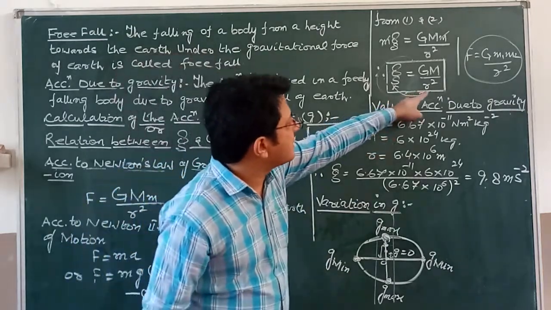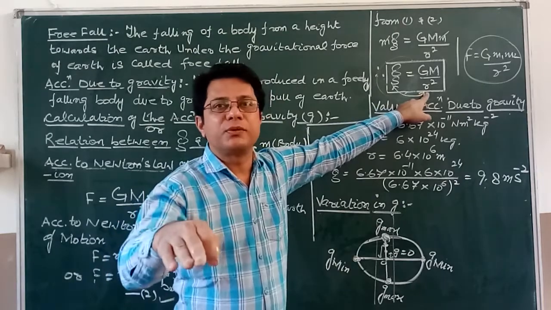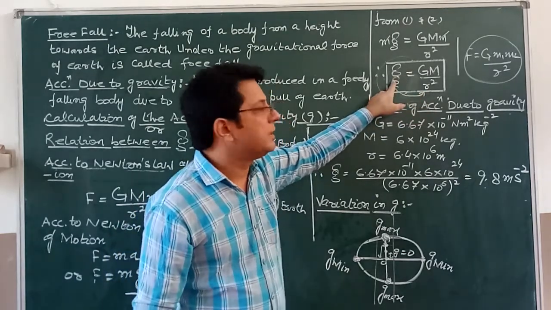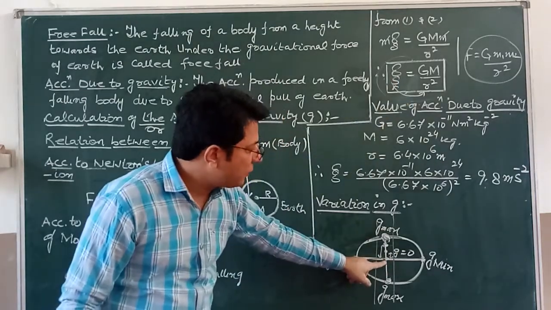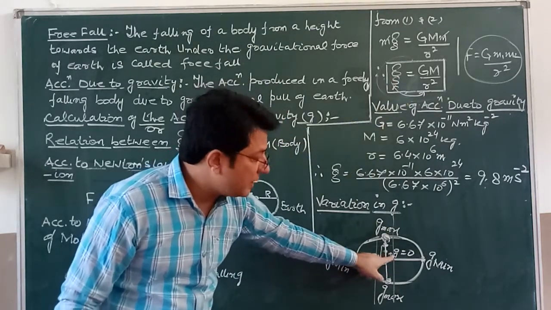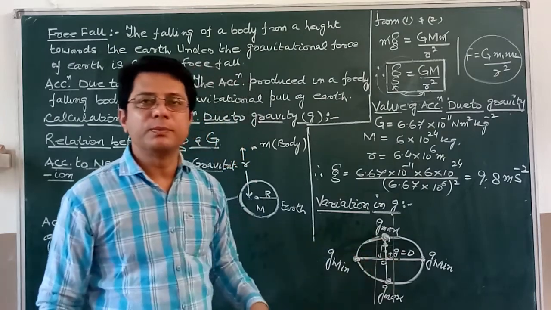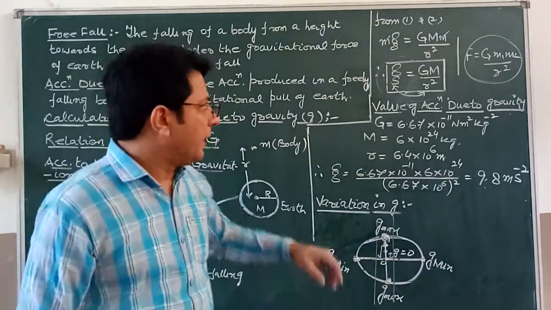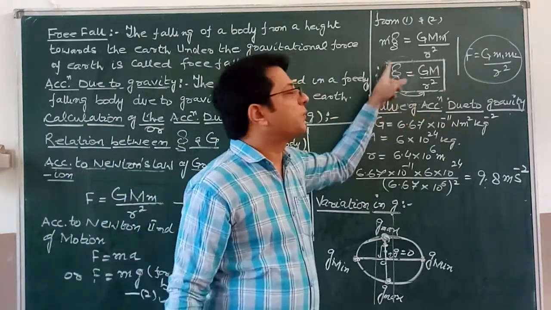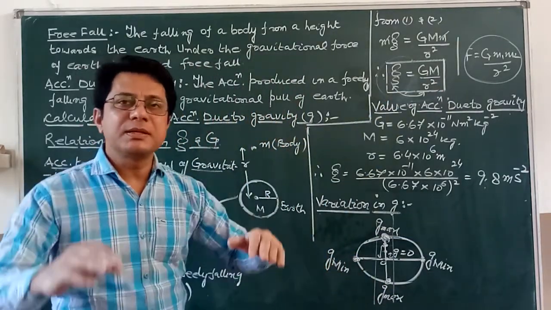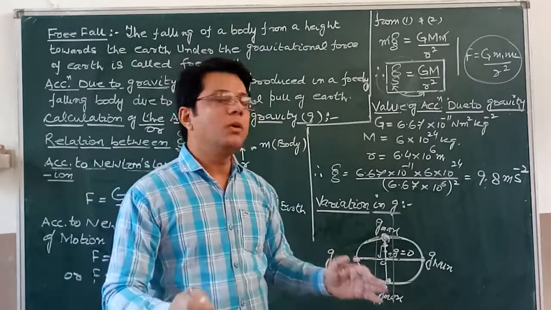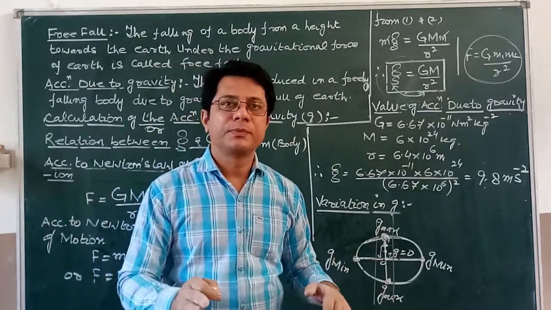If distance is decreasing continuously towards the center of the Earth, then the value of g would be maximum. But here the value of g is 0. Why so? Remember, this formula is not applicable inside the Earth. This is applicable only on the surface of the Earth.